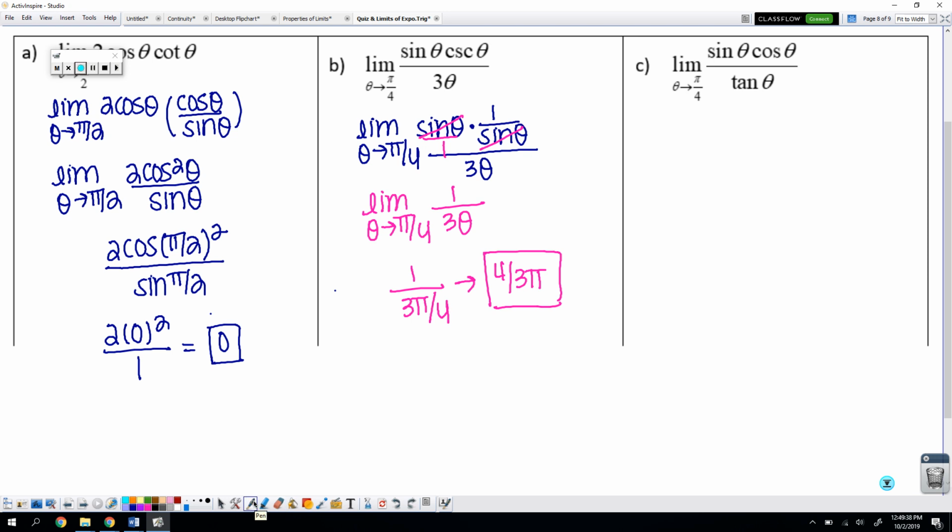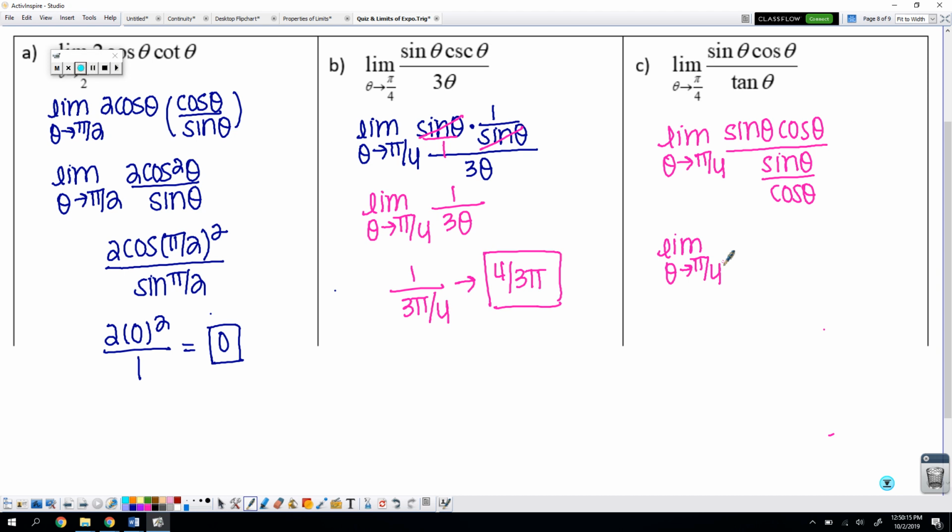Alright, so now let's reorder the other one. Pause it, and at this step right here, I'd like to go through and do keep, change, flip again. So I do limit as theta approaches pi over 4. And then I'm going to keep sine theta, cosine theta. And then I'm going to do change to multiply and then flip upside down.